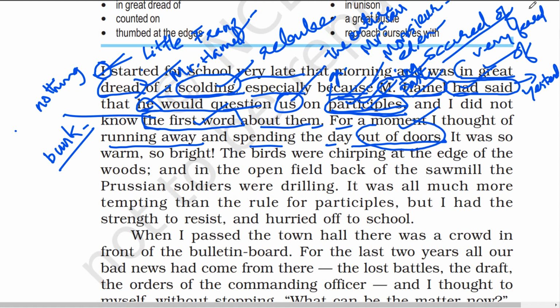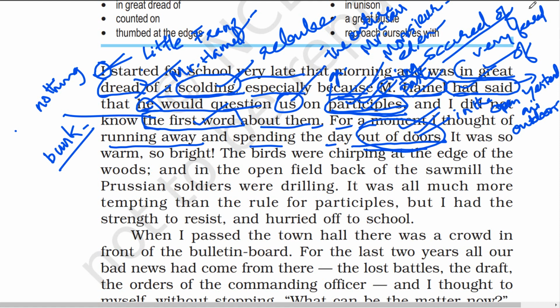Out of doors means in the open air. It is an old way of saying outdoors. Now we can say that it is outdoors. He wants to spend the day outdoors in the open air.